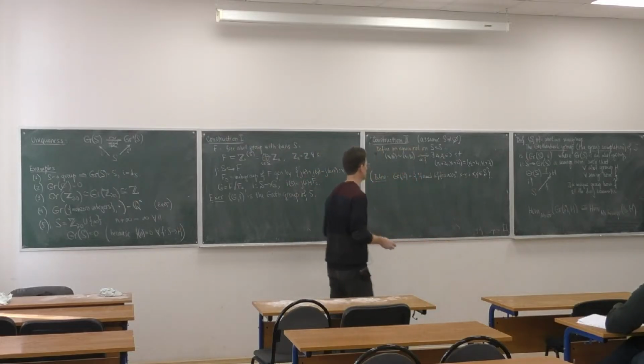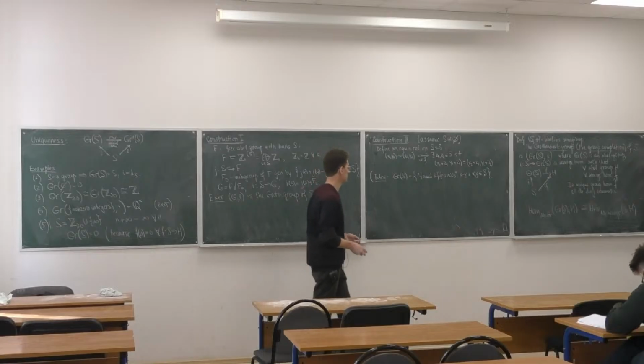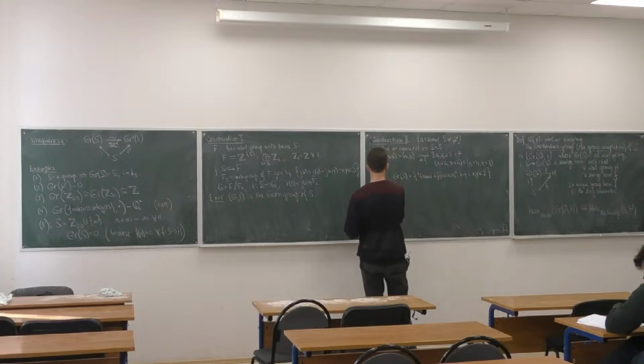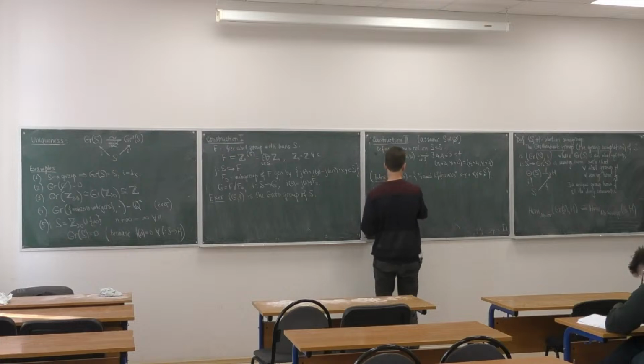We define an equivalence relation on the set of all pairs, and we consider the quotient of S cross S modulo this equivalence relation. So we let G denote S cross S modulo this equivalence relation.